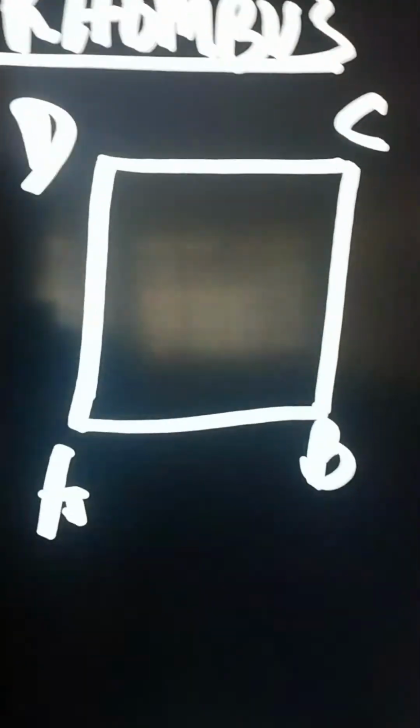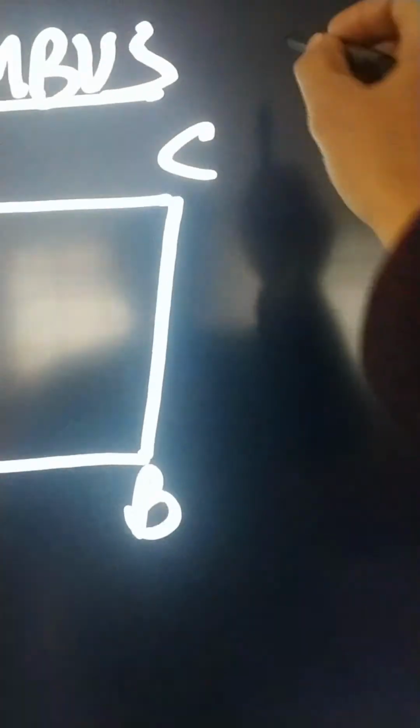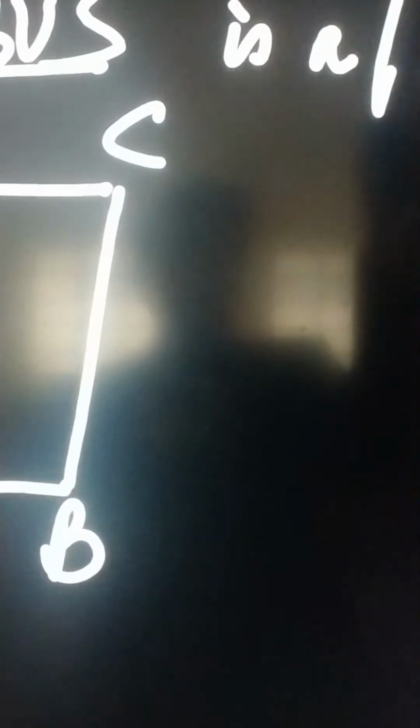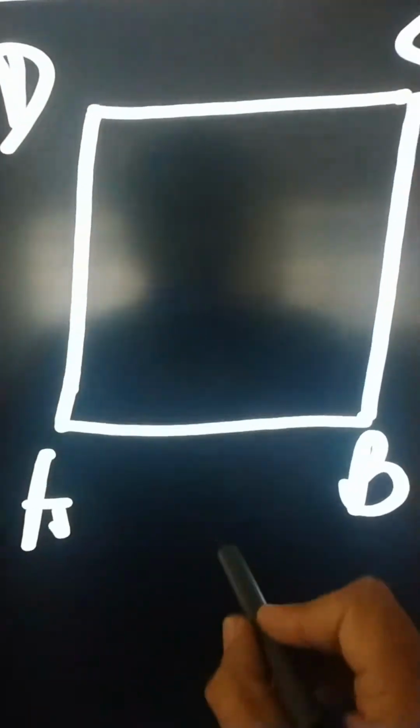Now understand, it is there given in your books also. Now if I write ABCD is the rhombus. So what is a rhombus? A rhombus is again a parallelogram with rectangle.